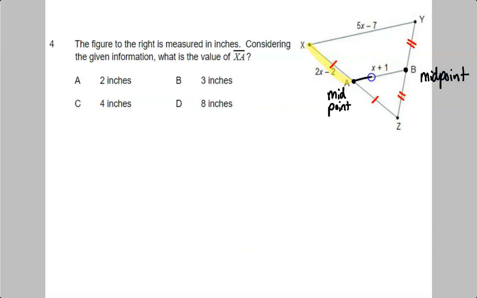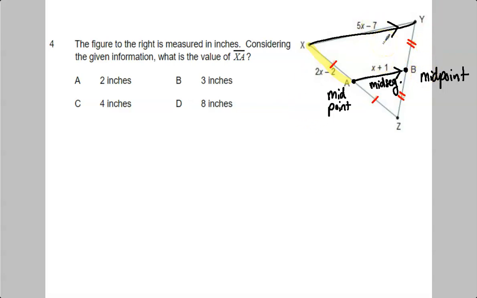Midpoints, once they are connected, form a mid-segment. So from A to B, that's a mid-segment. If you think about your theorem, every mid-segment should have a parallel side. So hopefully you can see that X to Y is parallel to your mid-segment.